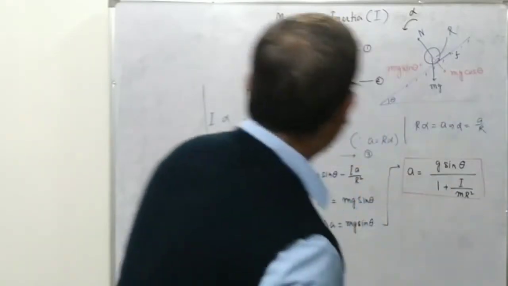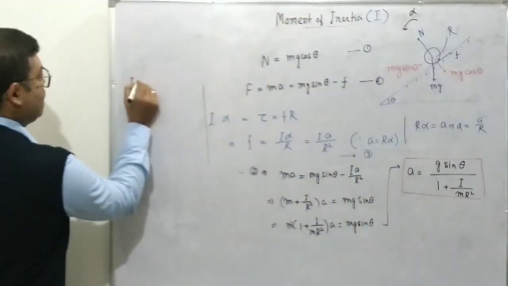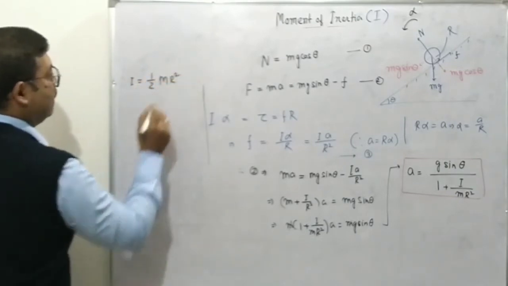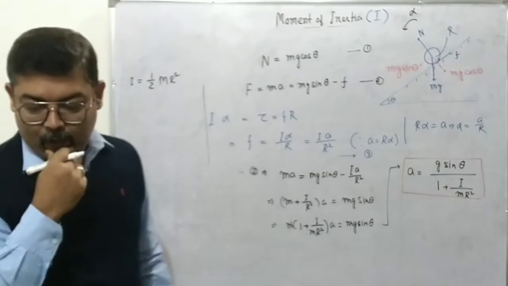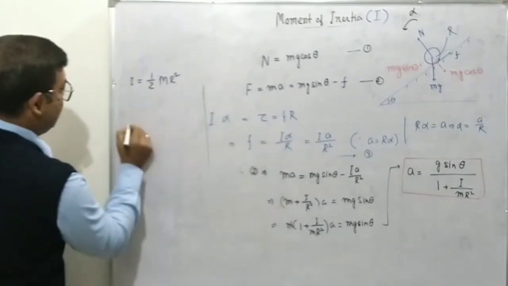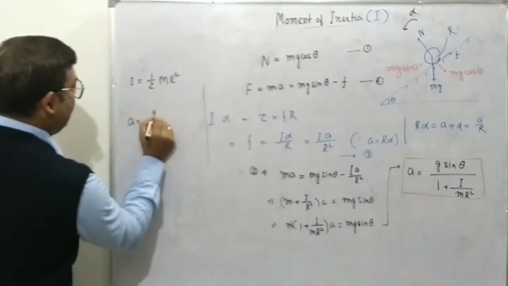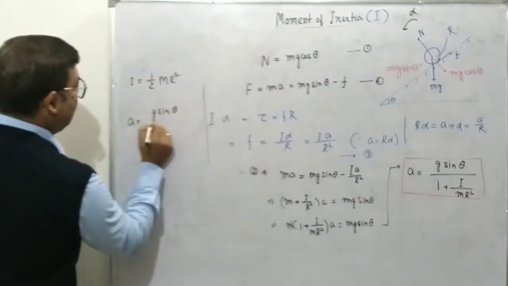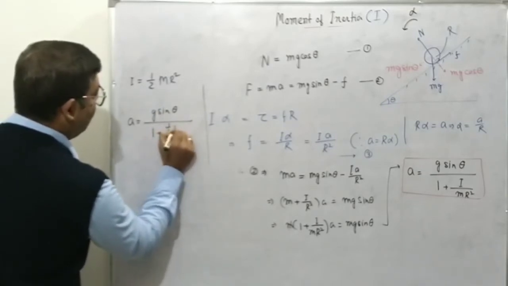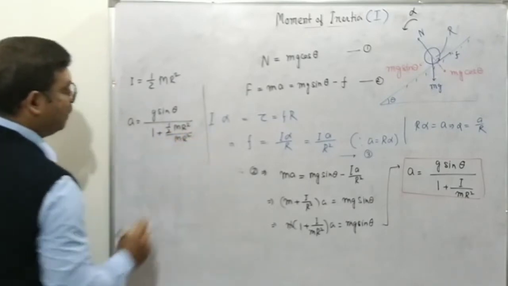Now we already know that for a solid cylinder, the moment of inertia I about its axis is given by half m R squared. Which will mean that if we substitute that value in this equation, we get g sine theta divided by 1 plus half m R squared by m R squared.